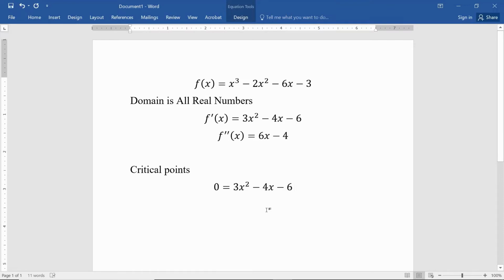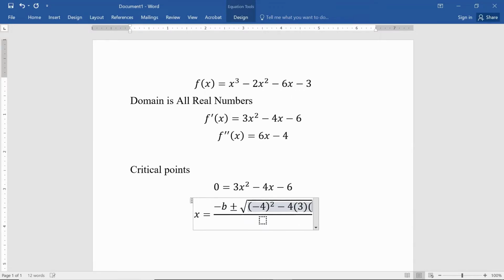So I'm going to have to use the quadratic formula: opposite of b plus or minus the square root of b squared minus 4ac, all divided by 2a.